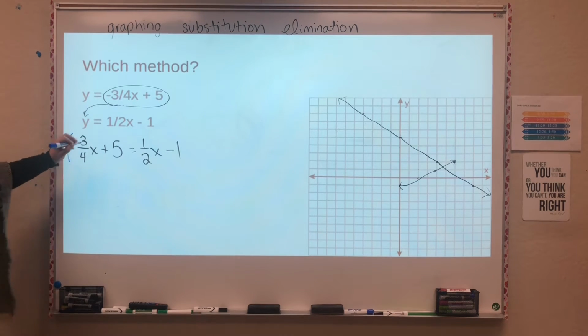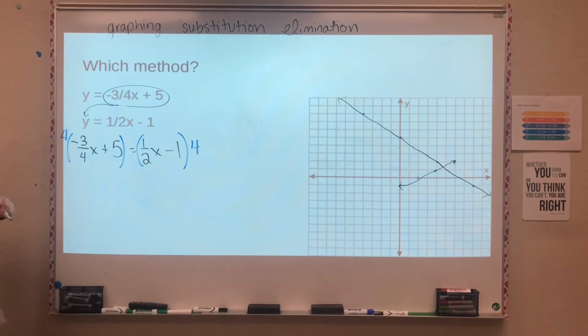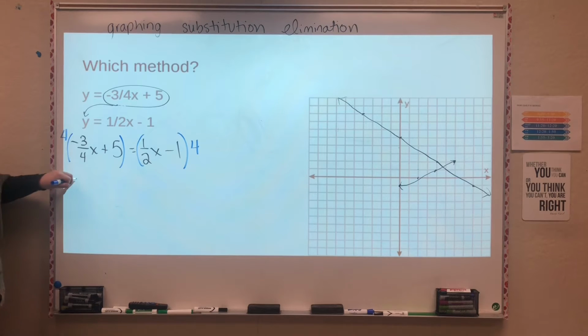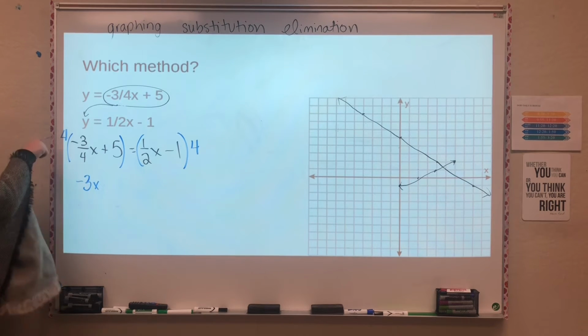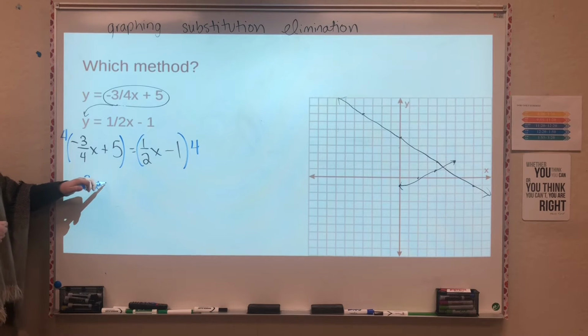So I'm going to come in and multiply both by 4. When I do that, let's start over here. What's going to happen there? It's going to cancel out. So those 4s will cancel, which leaves us with negative 3. And then it would be plus 20.